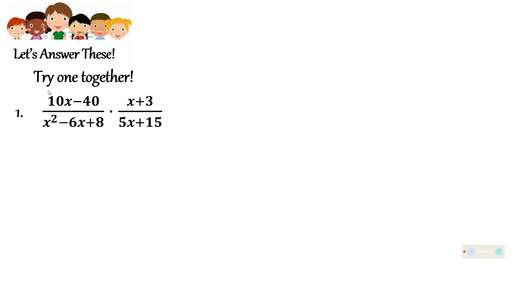So, the first numerator, 10x minus 40, is factorable. The first denominator, x squared minus 6x plus 8, is factorable. X plus 3 is not factorable. But 5x plus 15 is also factorable.